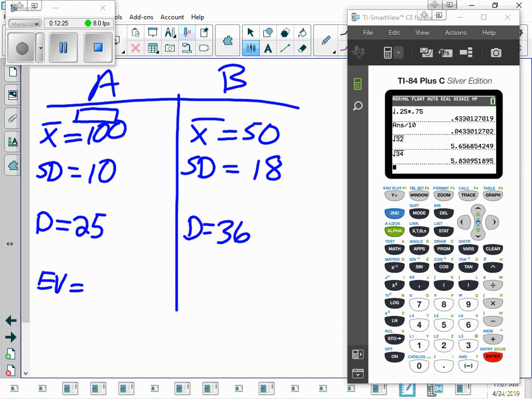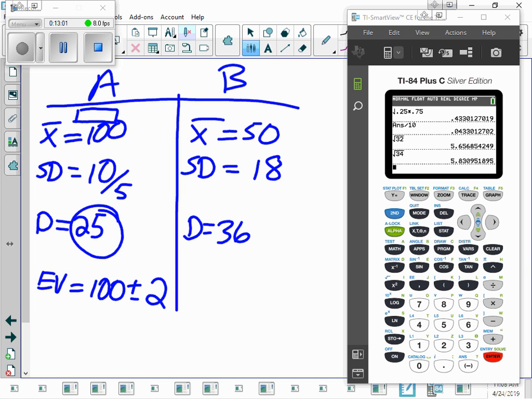If the average of the box is 100 and I do a bunch of draws and I take the average, my expected value is 100 plus or minus the SE for average. So the SD is 10. I'm going to divide that by the square root of my draws, and I get 2. So when I make 25 draws, my average is expected to be 100 points plus or minus 2.